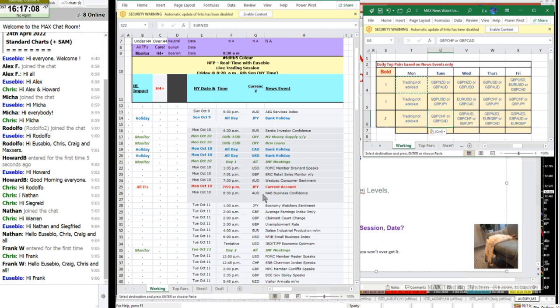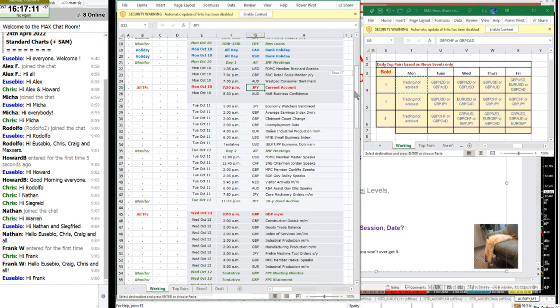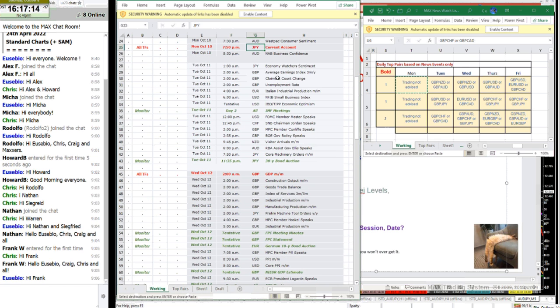Tuesday, we've got the yen from the previous Monday. And on Tuesday itself, we've got nothing. So we will have the pound yen, the Swiss yen, which is not very common.